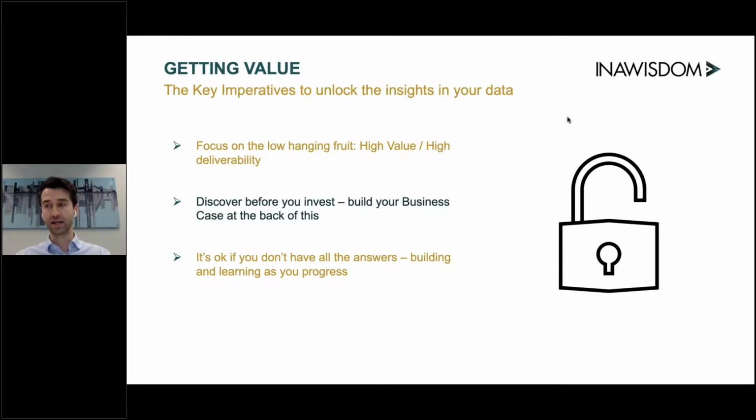The second one, and I think I mentioned it before, but it's crucial to discover before you invest. Measure how much potential is there in that AI solution. Create that prototype and remove the uncertainty and the risk from it, so you can take this in front of your stakeholders and have an amazing business case that you can stand by.